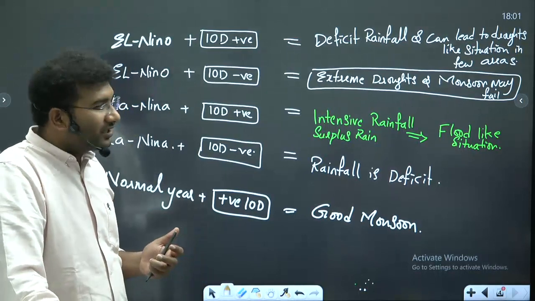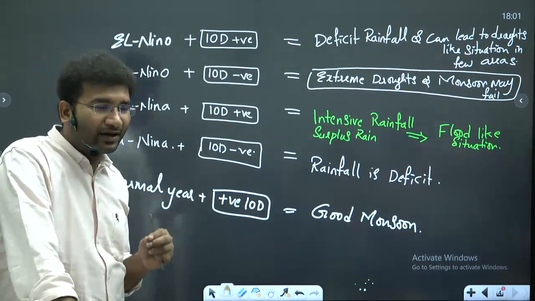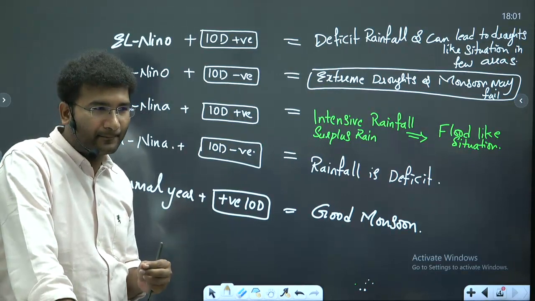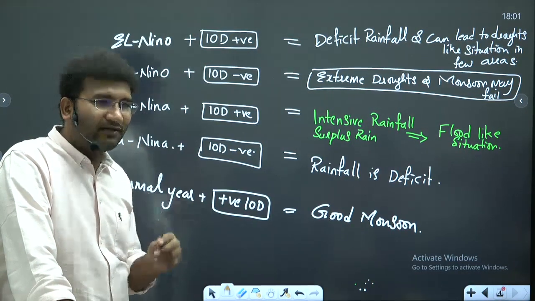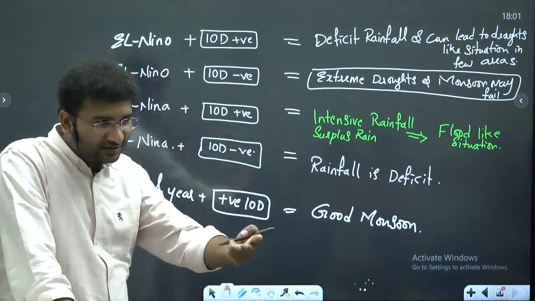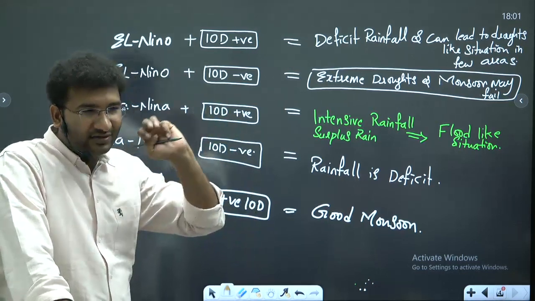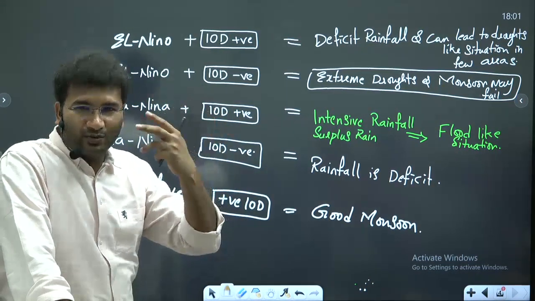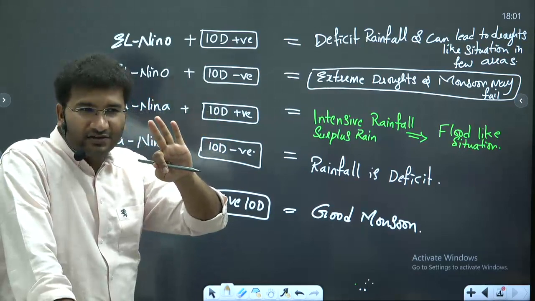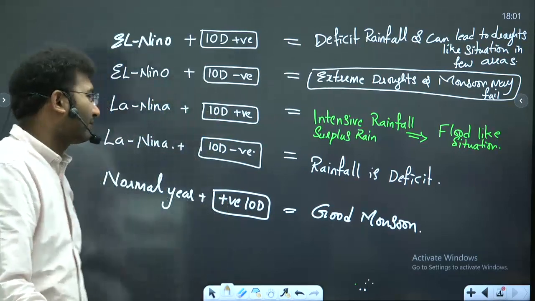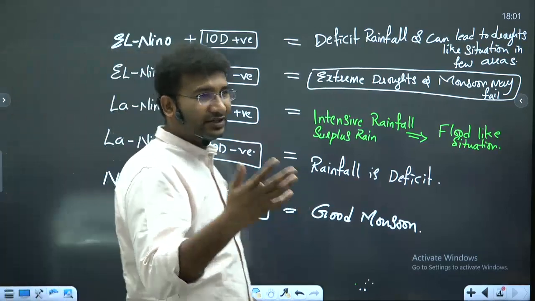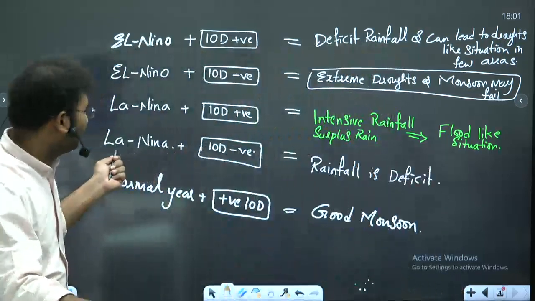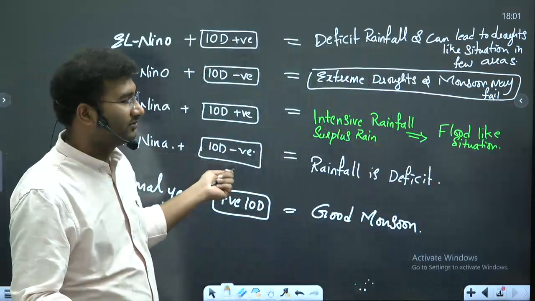Now, sometimes you will come across double dip La Nina, triple dip La Nina. What does that mean? When you have 2 consecutive years La Nina, it is called as double dip La Nina. When you have 3 consecutive years La Nina, you will have triple dip. 2022 is the year for 3 consecutive years we got to see triple dip La Nina. That means flooding. You got to see floodings in the last 2 years, many, right? It was because of La Nina plus positive Indian Ocean dipole.